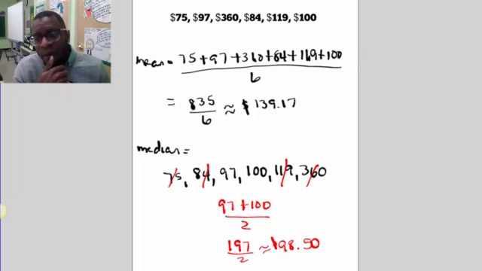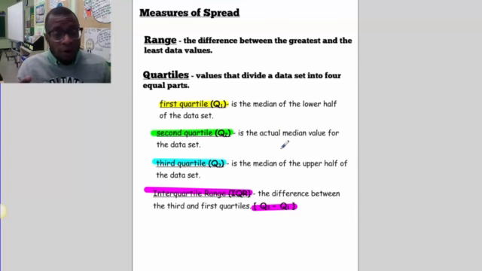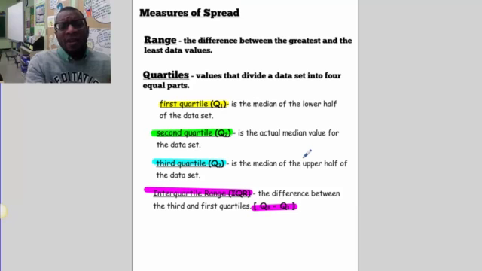Okay. And so the next thing that I want to go into is the measures of spread. So we have the measures of center, which are your mean or your average and your median. And now we have the measures of spread. And so what the measures of spread does is that it looks at the whole data set and how far the values are apart from each other.